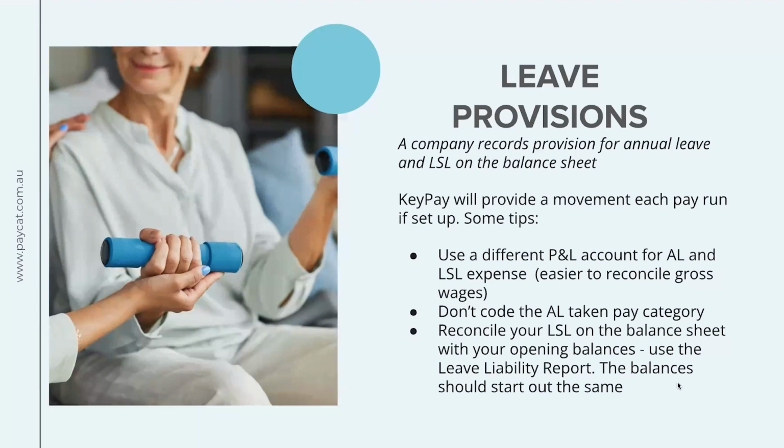If they're different, they're going to remain different, because we're only picking up the movement in the journal. So if it starts off with the wrong opening balance, you're going to have a hard time reconciling it every month. So I'd recommend spending a bit of time when you're using KeyPay for the first time, get that opening balance report called leave liability report out of KeyPay and compare the results to what's on your balance sheet.